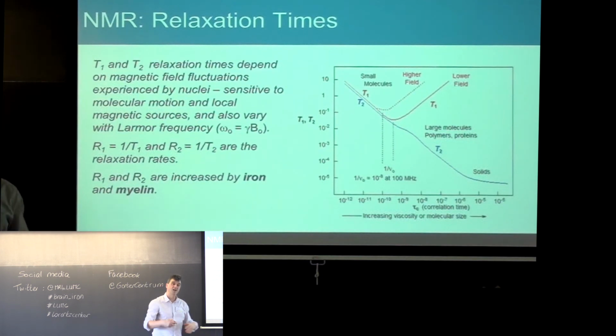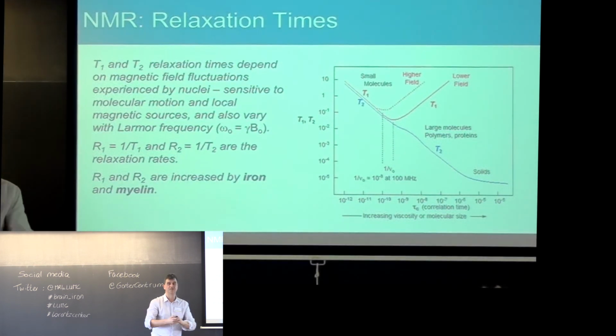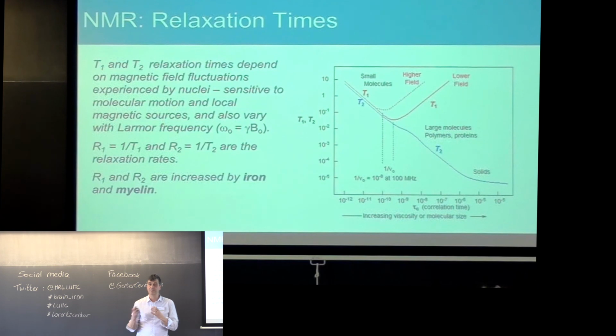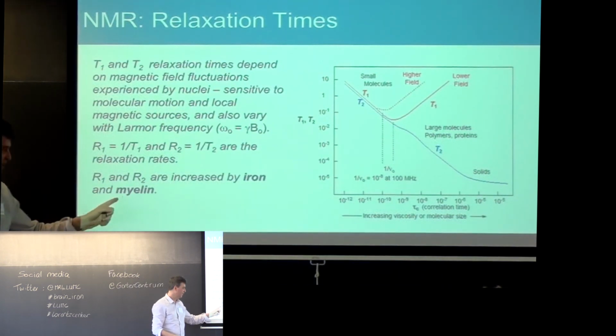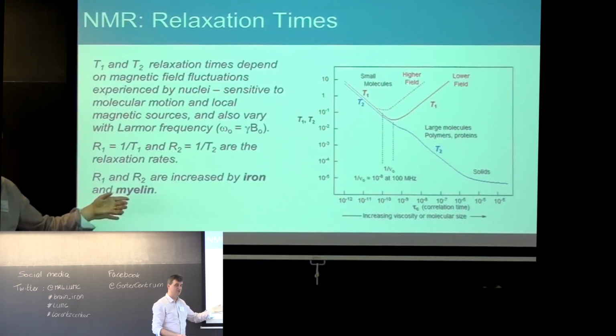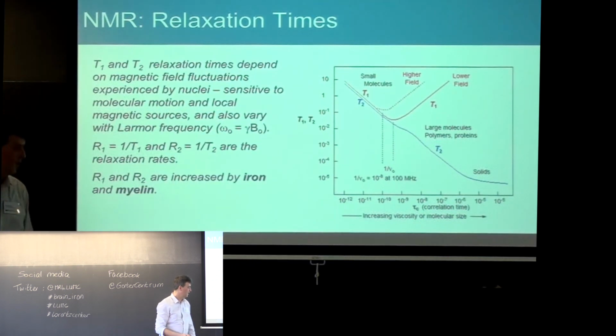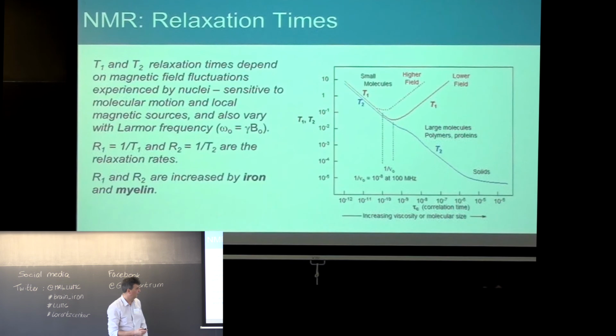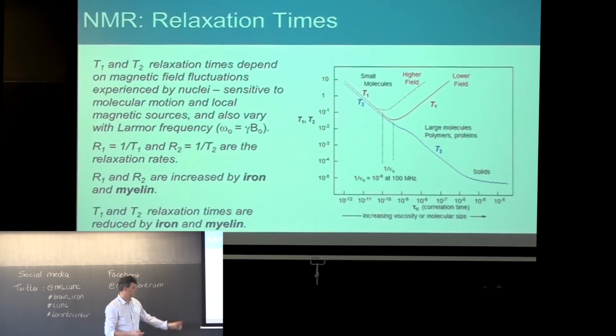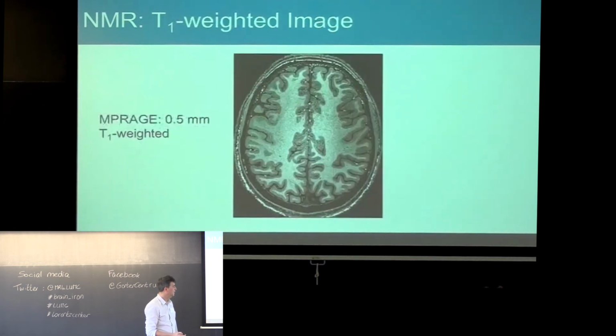In the case of myelin, there are also magnetic field perturbations. There's also potentially binding going on, and it's perhaps less clear exactly what the main sources of myelin's effects on R1 and R2 are. And so that means T1 and T2 are reduced by the presence of iron and myelin.